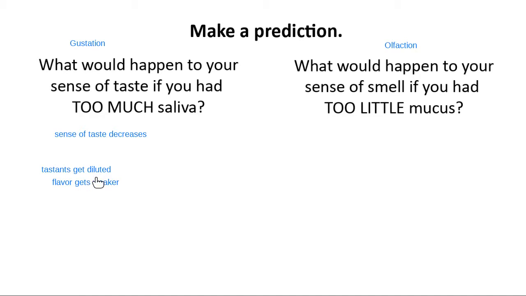So if I take my tastants and dilute them a whole bunch, they may never make it down to the hair cells, and I may never taste them. So if you have too much saliva, too much spit, your sense of taste is going to go down. That's because my tastants are being way too diluted. We're dropping them in way too much solution, and I'm not going to be able to taste them.